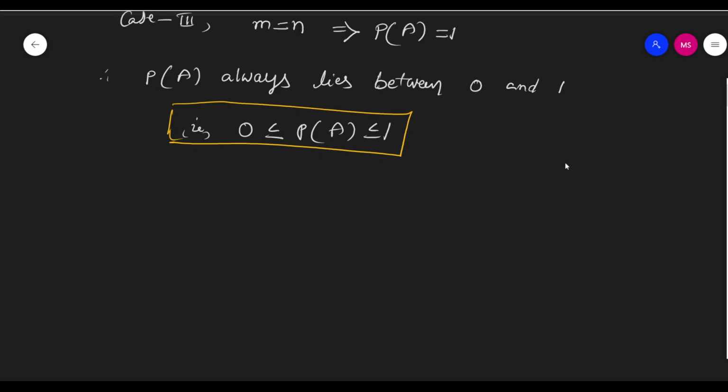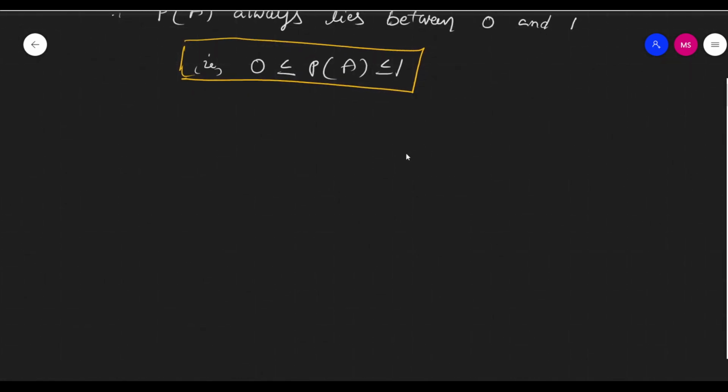Okay, next is an important concept: the limitations or failures of the definition. So what are the limitations?